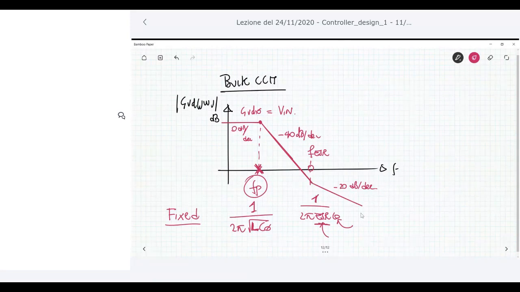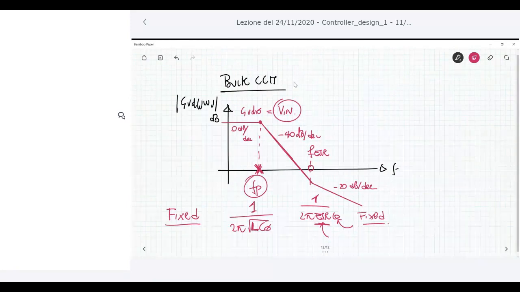ESR comes out as a parasitic of C naught, so this is fixed. Of course, Vin is not fixed, because Vin can change from a minimum to a maximum depending on your design. So this quantity can change depending on the value of Vin.